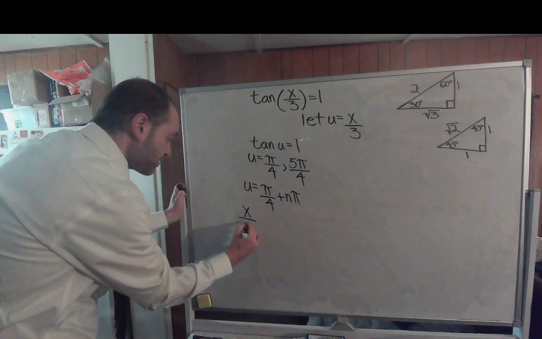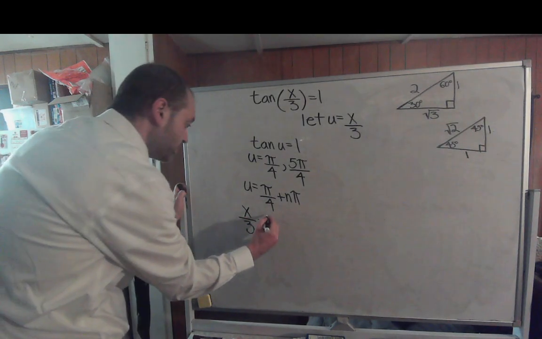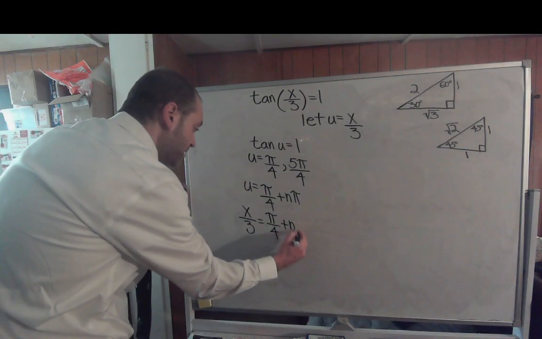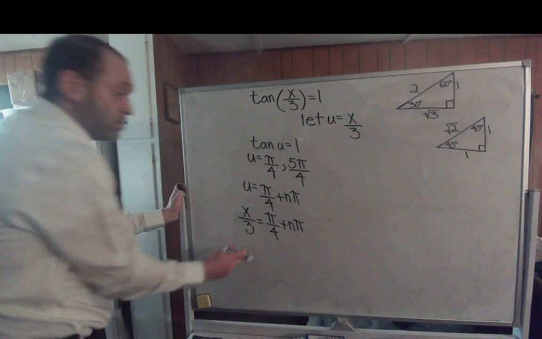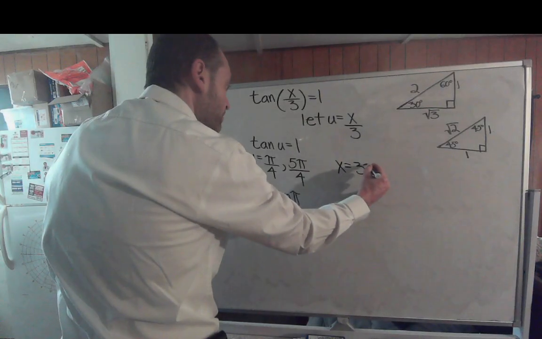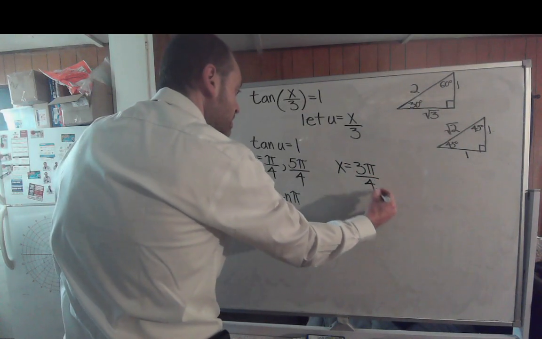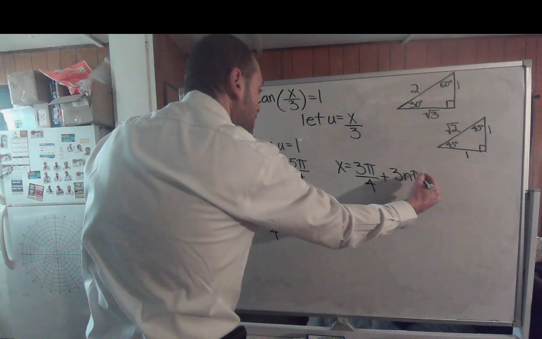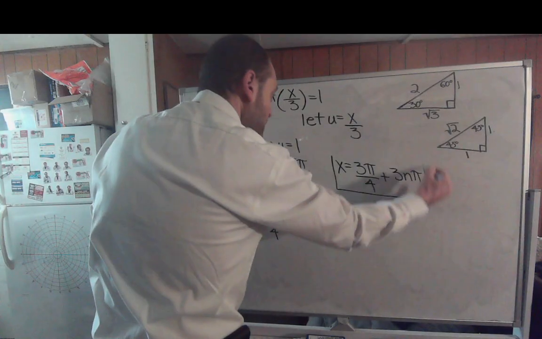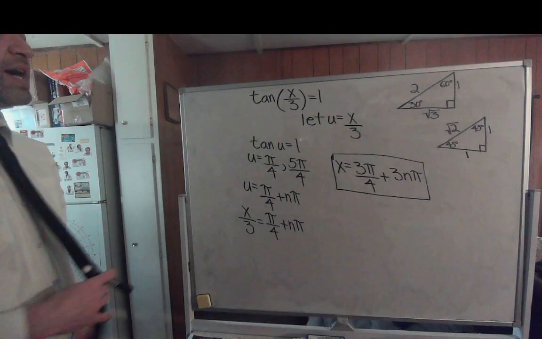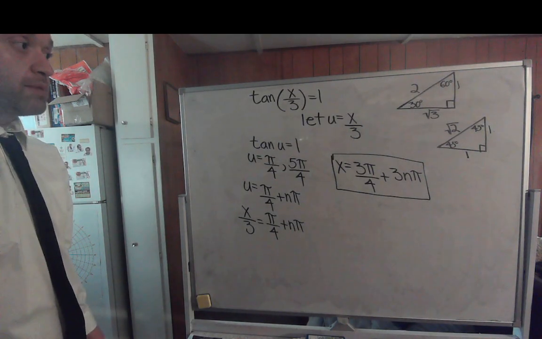So x over 3 is going to end up equaling pi over 4 plus n pi, which would then mean that x equals 3 pi over 4 plus 3n pi.